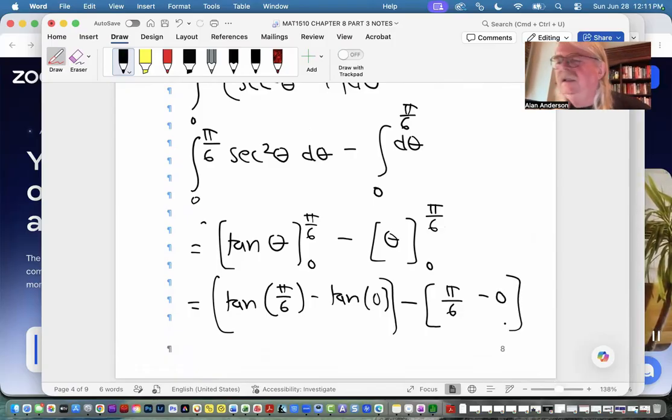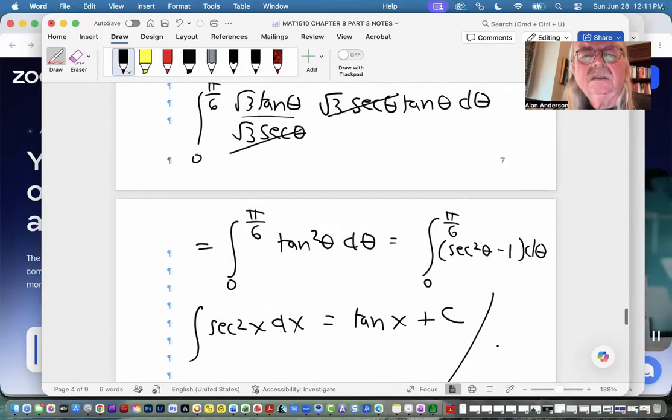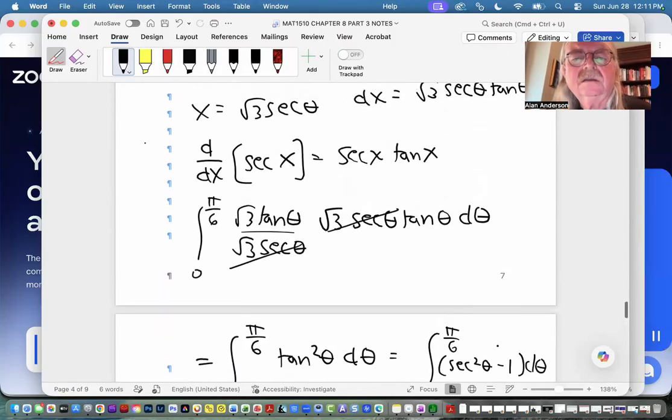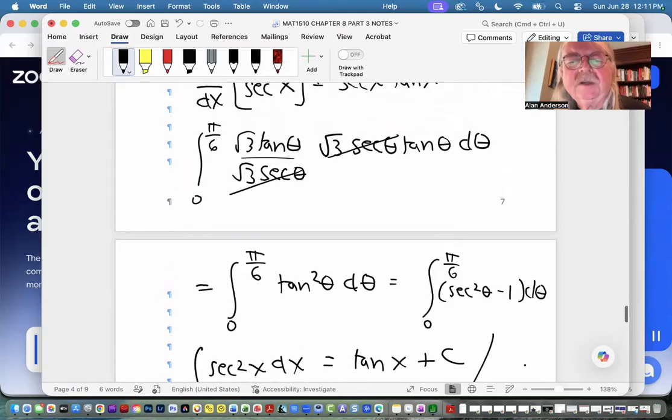Right. Oh, you know what? I just realized we lost the radical 3. Hold on one second while I fix that. There's still another radical 3.